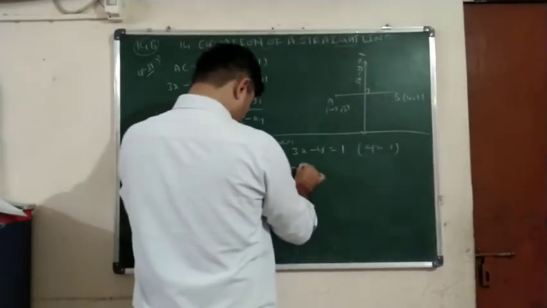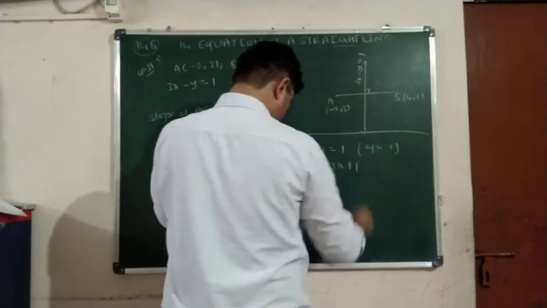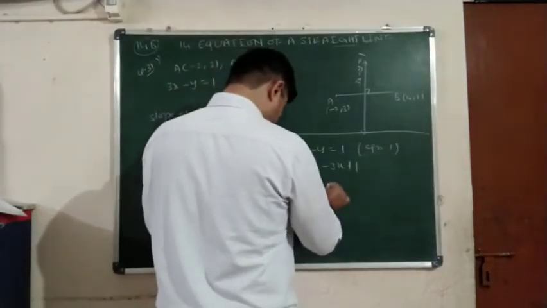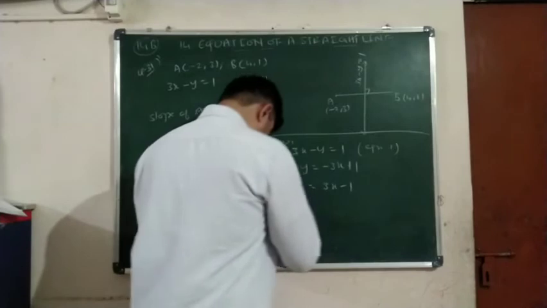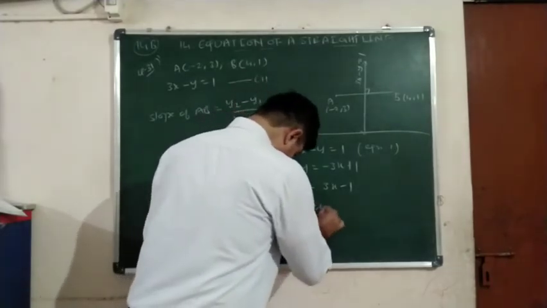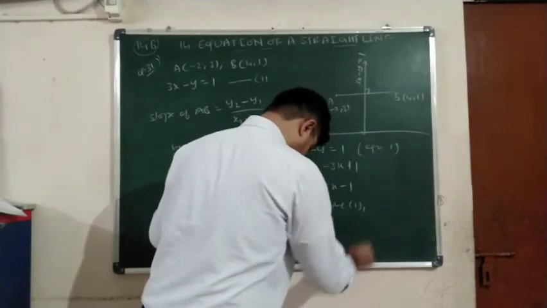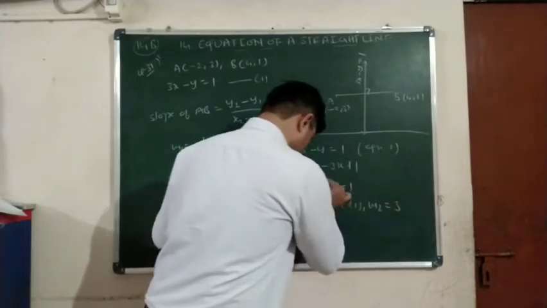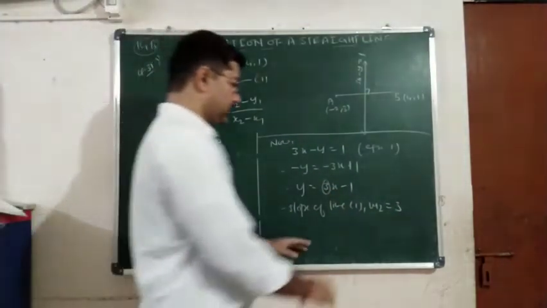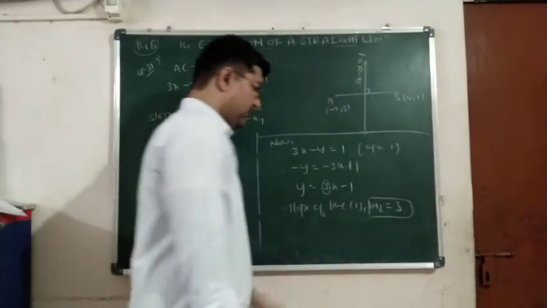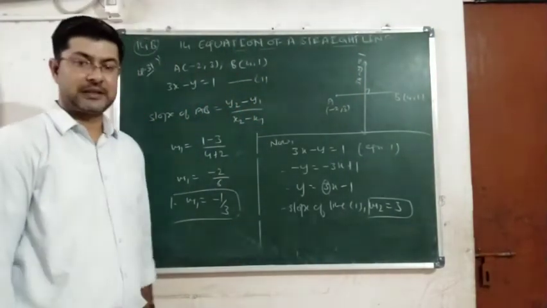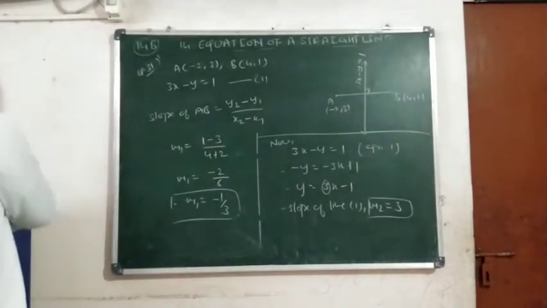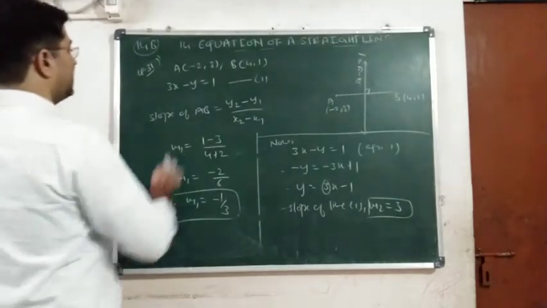Minus y is equal to minus 3x plus 1. We will convert this equation into the form y is equal to mx plus c. So y is equal to 3x minus 1, and therefore the slope of line 1, denoted by m2, is equal to 3. So we got the slope of the other line. Now we just have to check m1 into m2. Are we getting -1 or not? If we are getting -1, then the two lines are perpendicular.